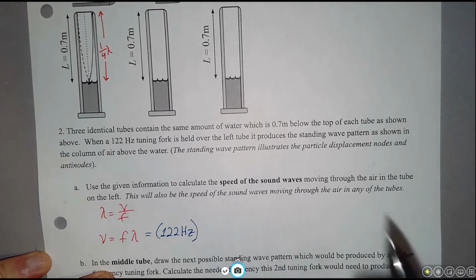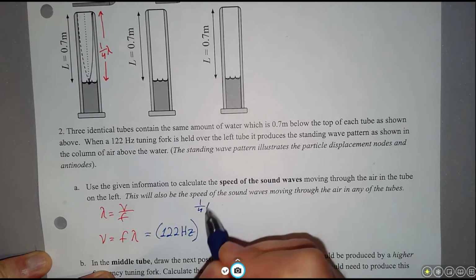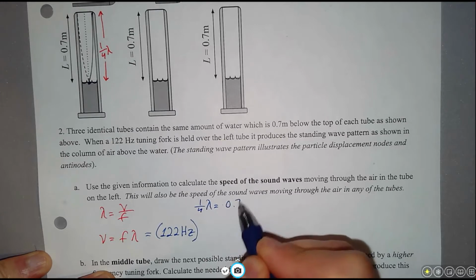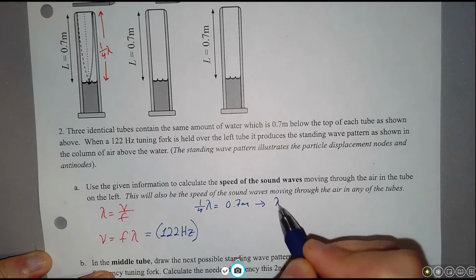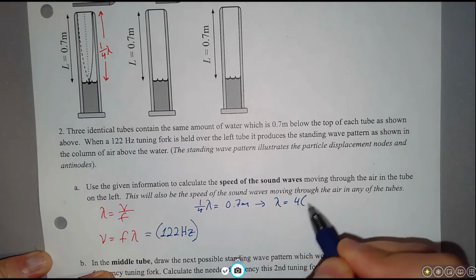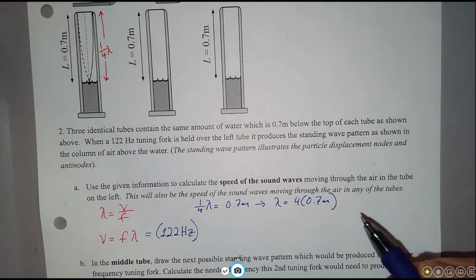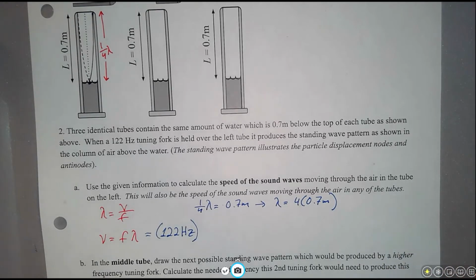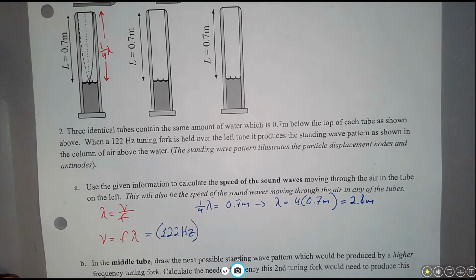That's producing our wavelength. And we know that a quarter of the wavelength fits in 0.7 meters. So therefore, one wavelength is going to be 4 times 0.7 meters. It's going to be 4 times longer than that 0.7 meter column of air. So 4 times 0.7 is 2.8 meters. So the wavelength is 2.8 meters.